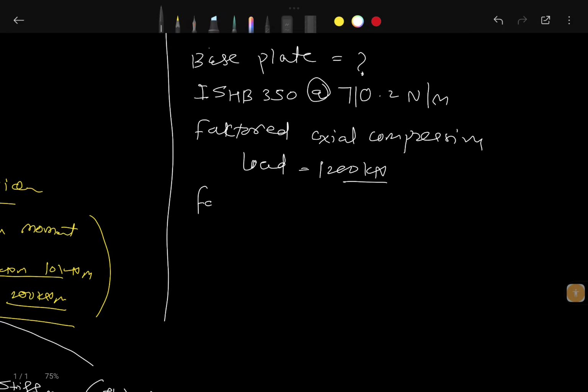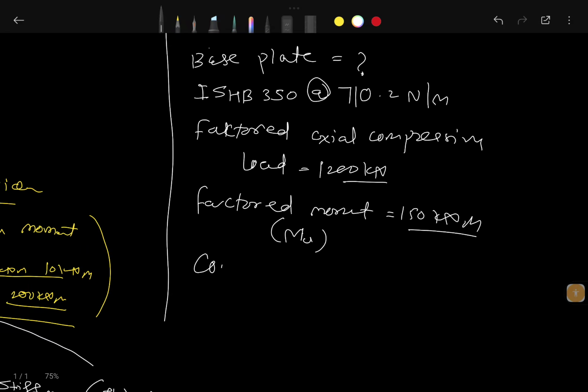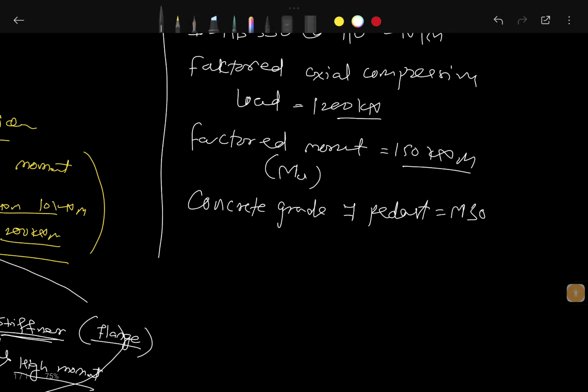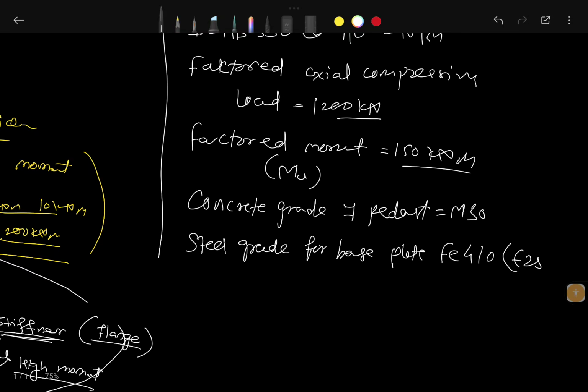Second, factored moment, we have considered 150 kilonewton meter. Concrete grade of pedestal, we generally use M30, and steel grade for base plate is Fe410 or E250.